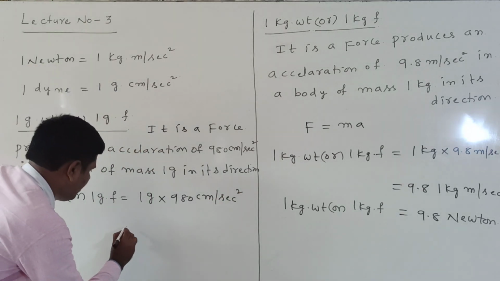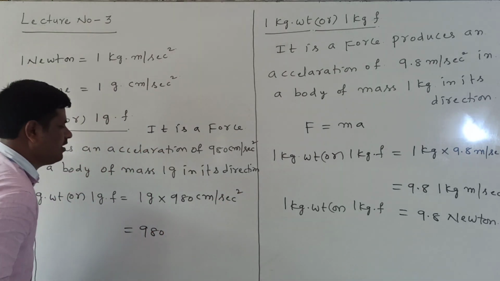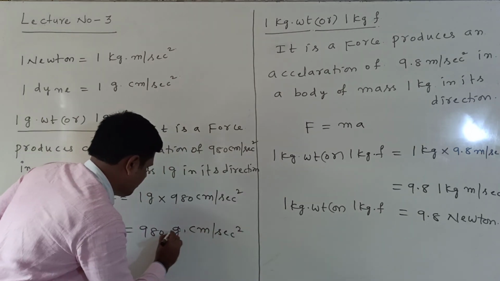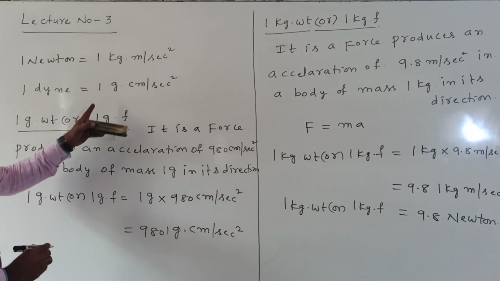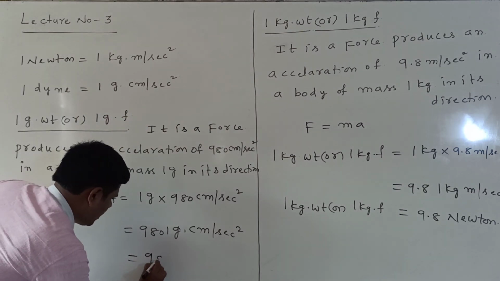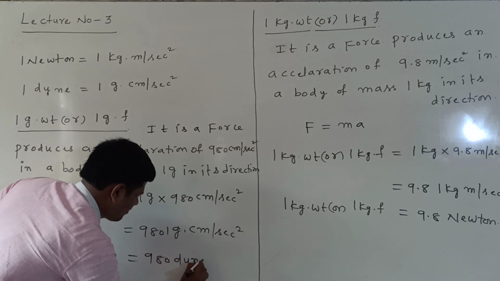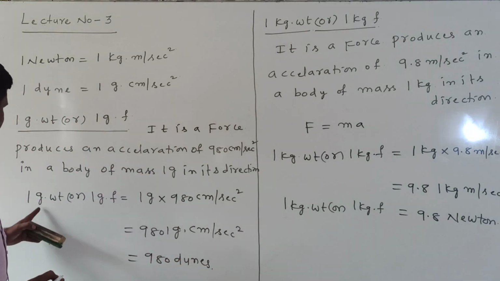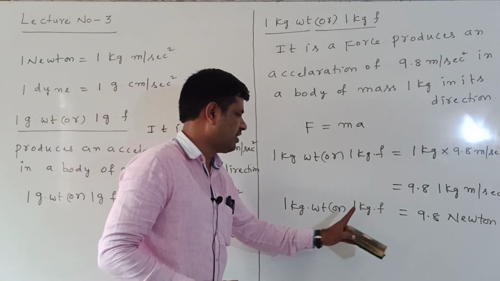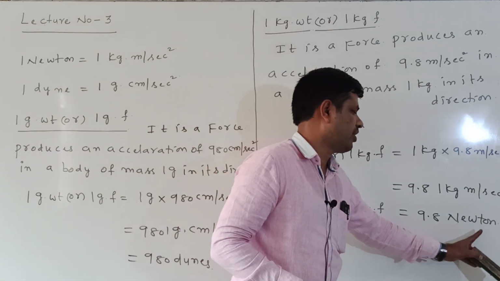Writing 980 outside, 980 into gram into centimeter per second square. 1 gram into centimeter per second square is the dyne. So 980 dynes. Means 1 gram weight or 1 gram force is equal to 980 dynes. 1 kilogram weight or 1 kilogram force is equal to 9.8 newtons.